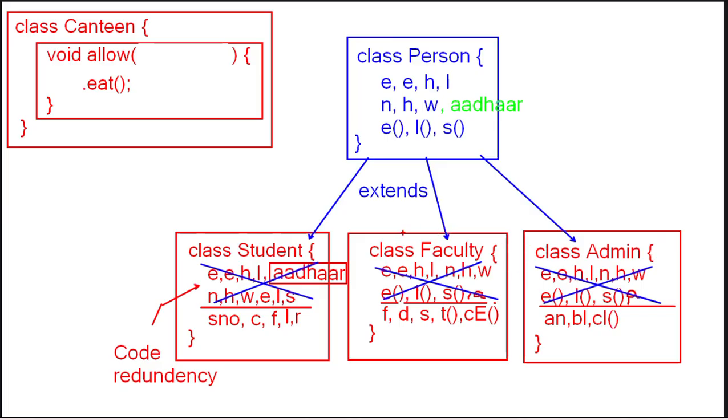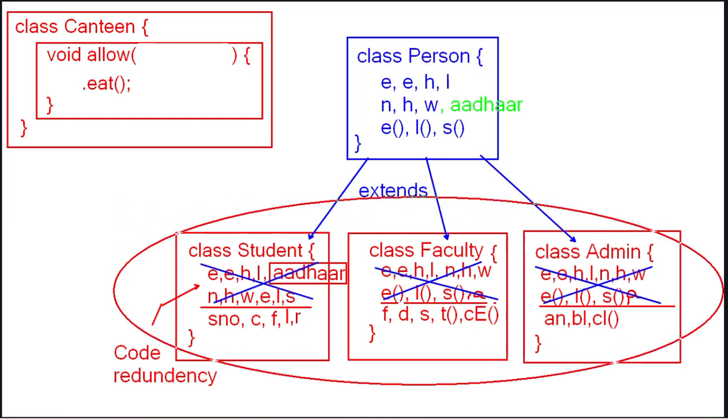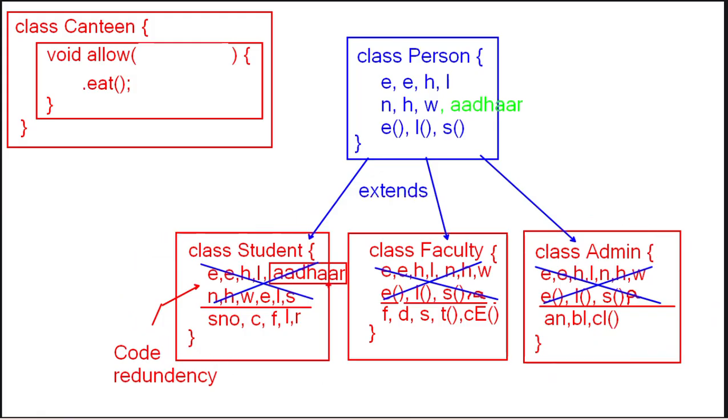Now, very important, if I create a superclass for the common classes, how many times should I create common properties? One time. So the code redundancy problem is solved. And you got code reusability. One time you are creating, and the same already created members you are using in all subclasses.